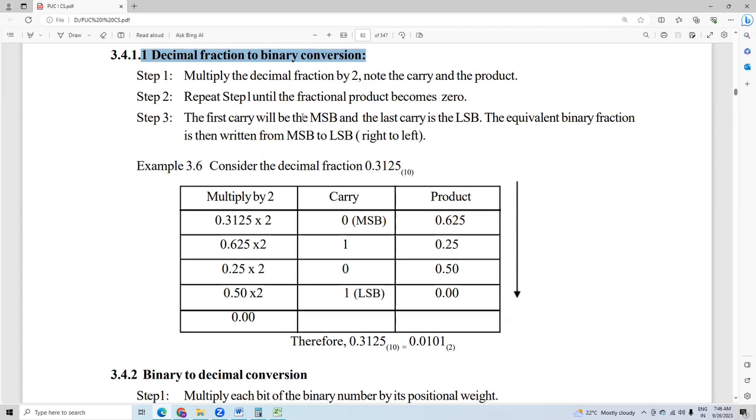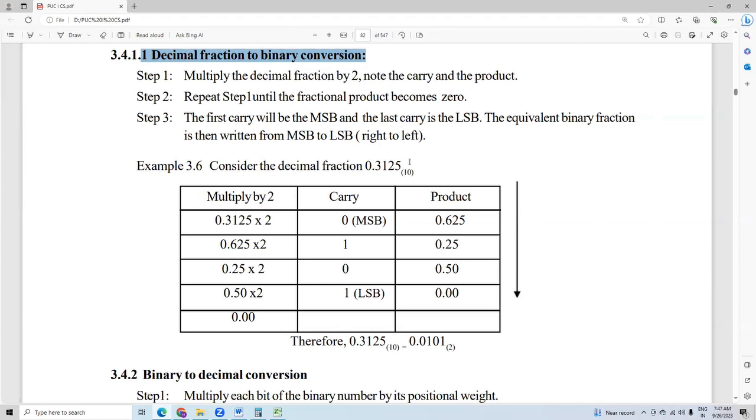This is the reverse of a decimal number without a fraction part, where it is the other way round. The equivalent binary fraction is then written from MSB to LSB.